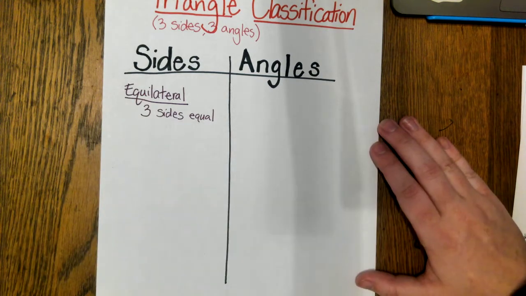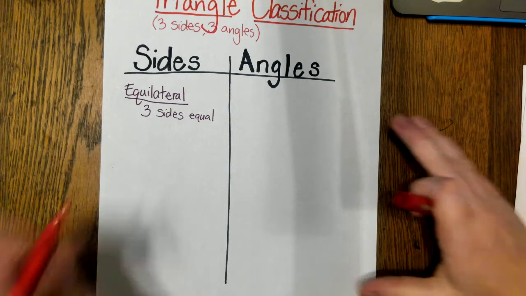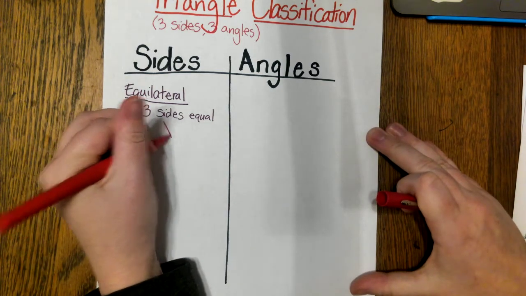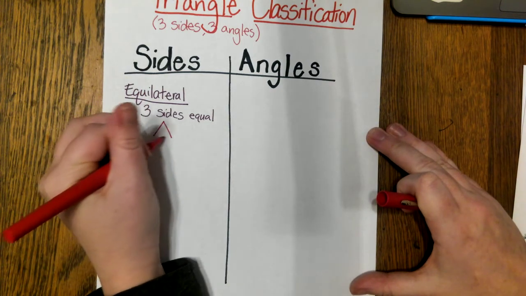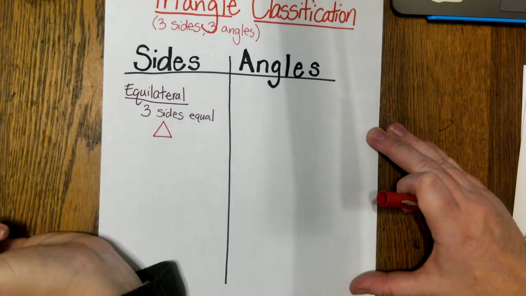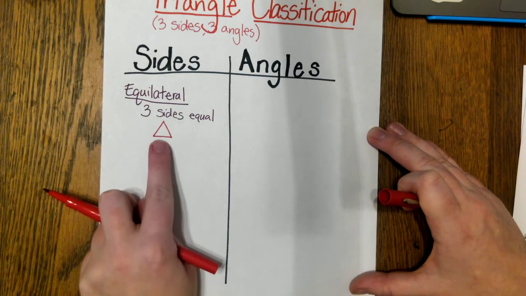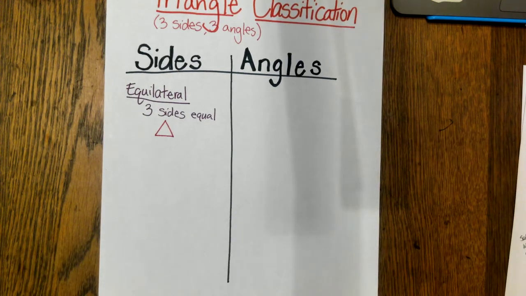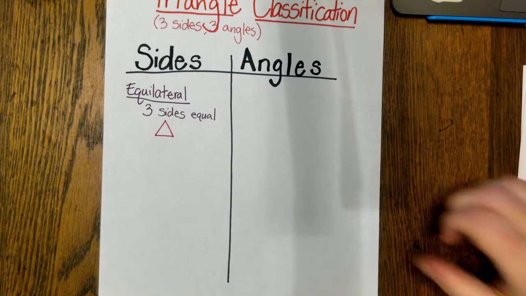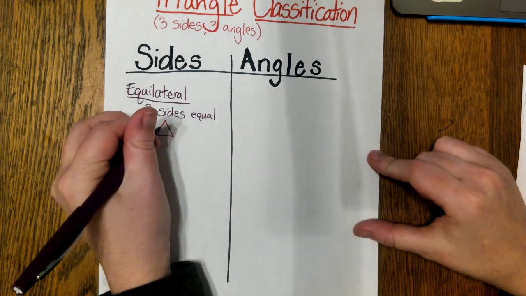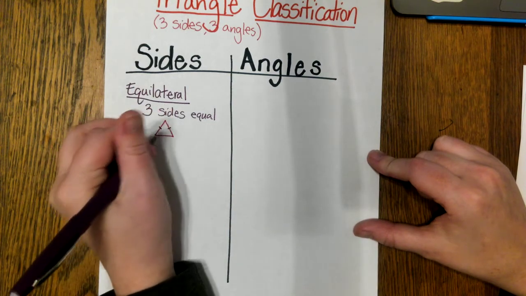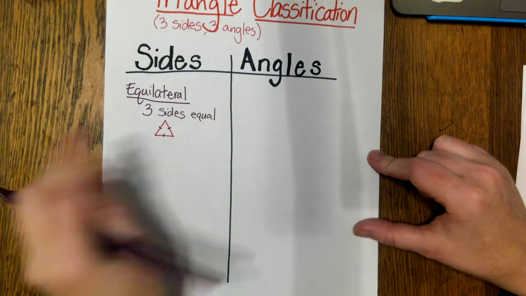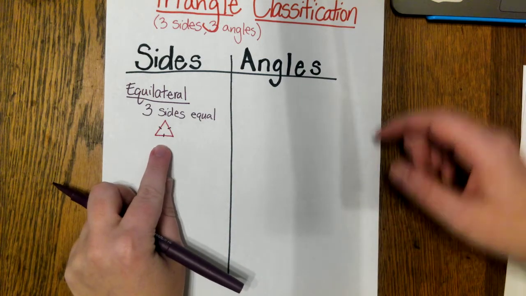So an equilateral triangle would look like this. And we can show that it has equal sides by using a little tick mark. When we show that it has equal sides, we're going to put a little line to show that those 3 sides are all equal.